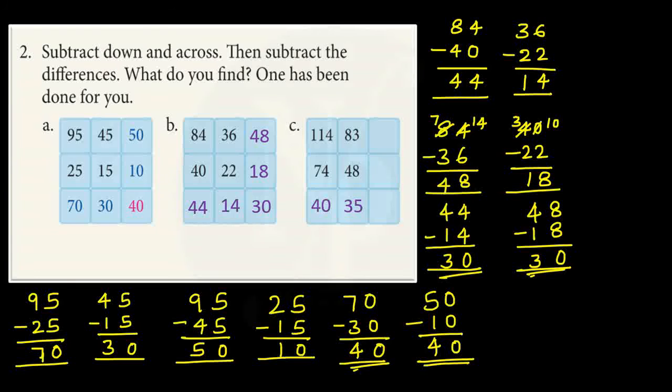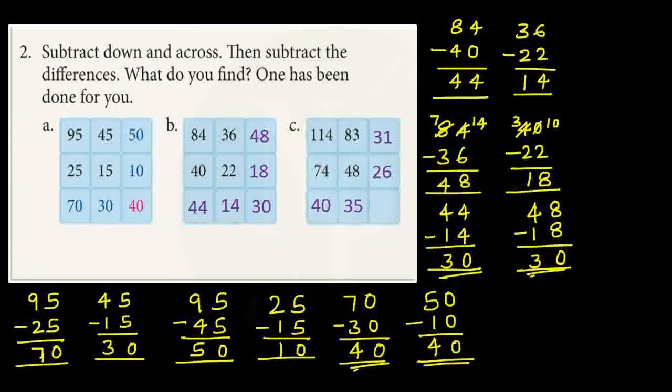So on subtracting 74 from 114 you get 40. Verify this. Subtracting 48 from 83 you will get 35, and subtracting 83 from 114 you will get 31, and on subtracting 48 from 74 you will get 26.